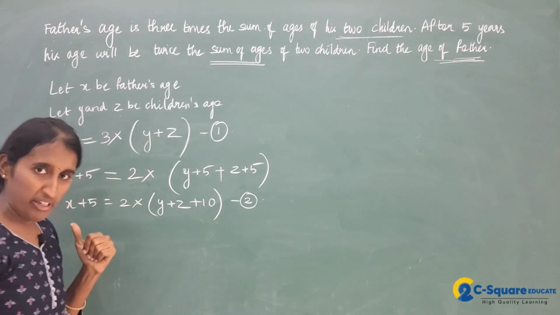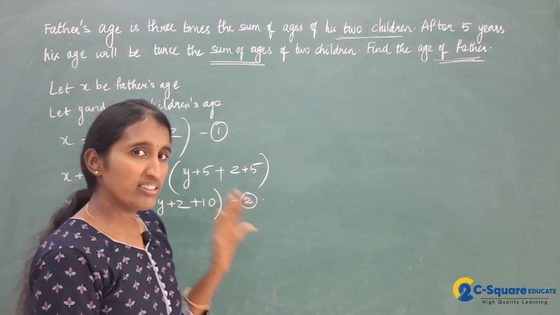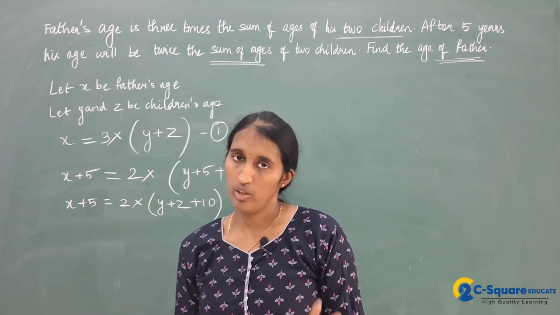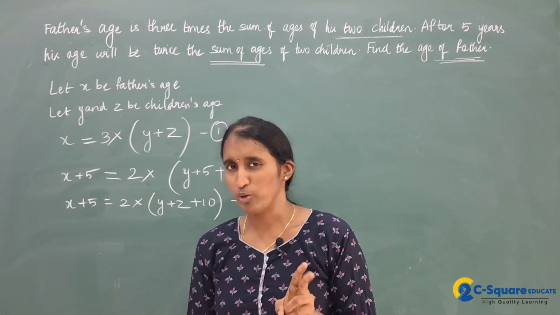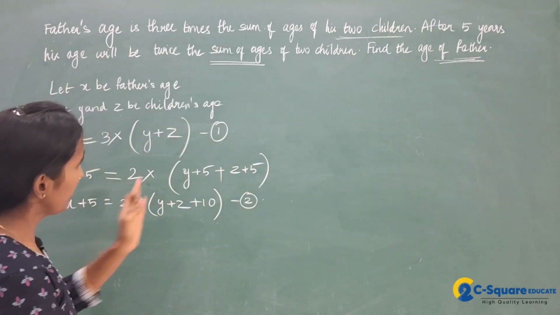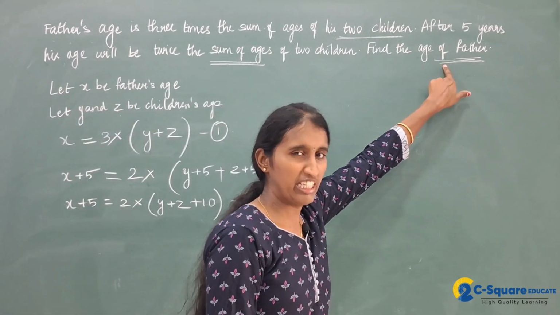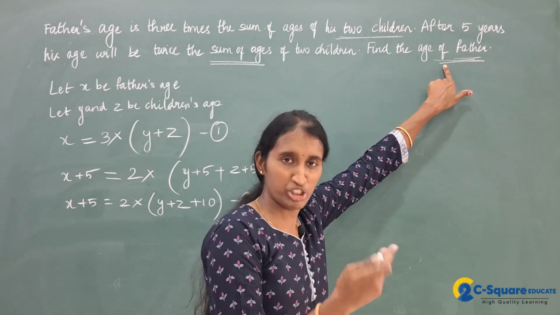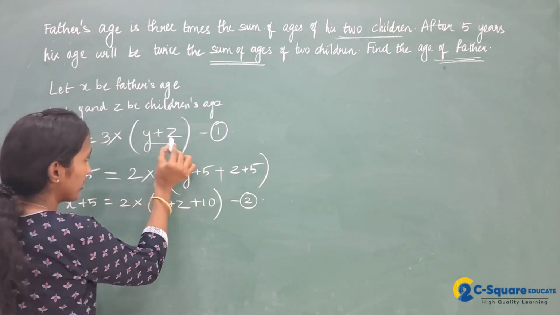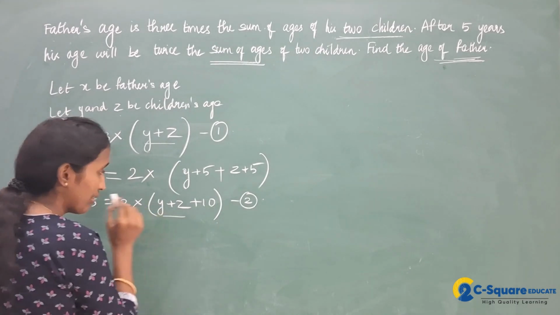So we got 2 equations here and we can use either the substitution or elimination method to find the unknowns. Usually we have 2 unknowns, right? Here in this case we have 3 unknowns, but we need to find only the age of father. So we need not worry about the age of the children. If you observe here, we have Y plus Z here and this is also Y plus Z here.